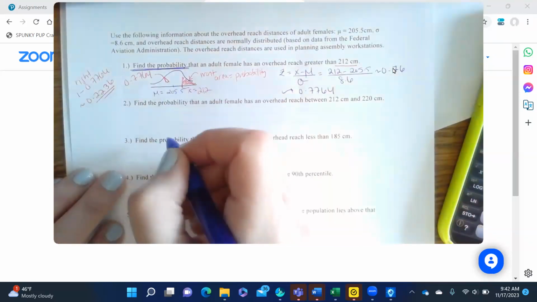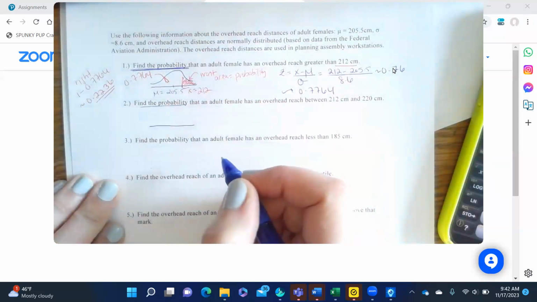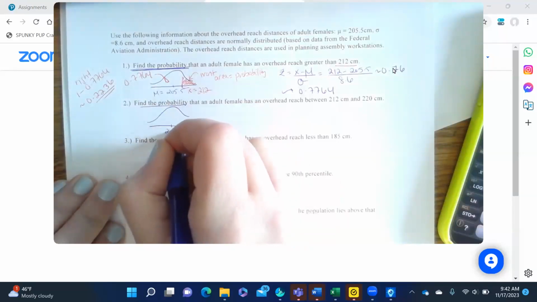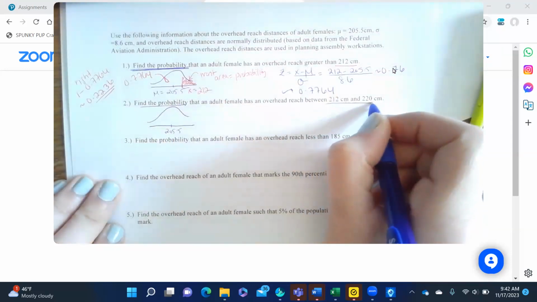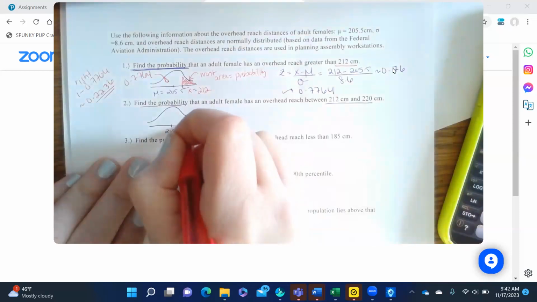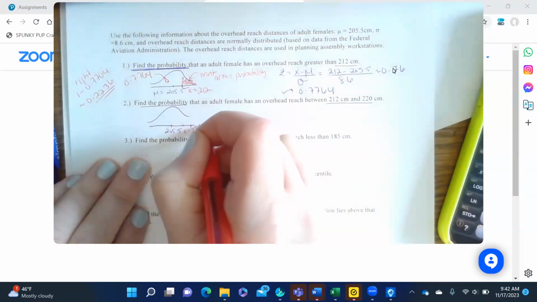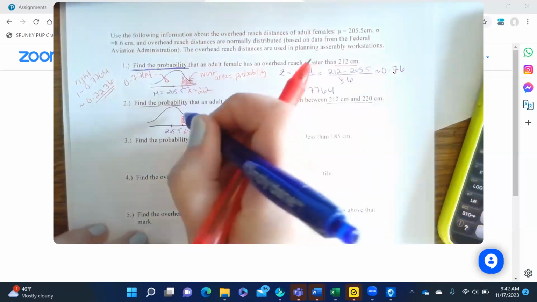All right, next one. Again, same kind of question, so we're doing the same style here. Find the probability. We're going from 205.5 as my center, and we're going between 212 and 220. So in this case, we're starting at 212, and we're going to 220. Again, I'm just doing a quick graph for my own purposes to see what's going on.